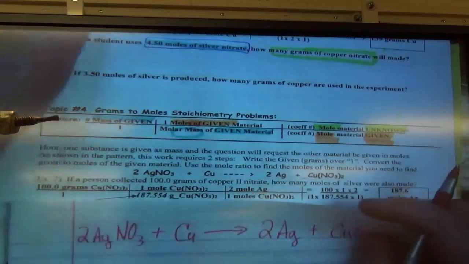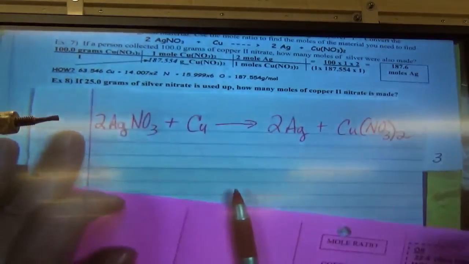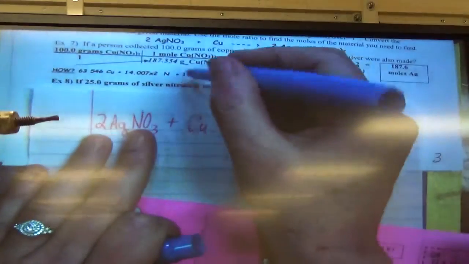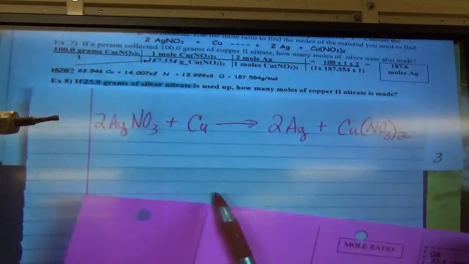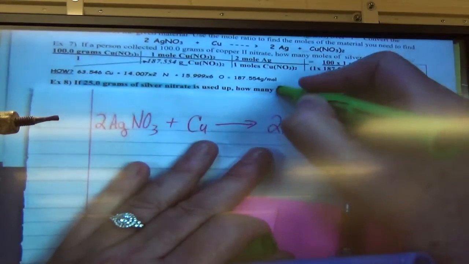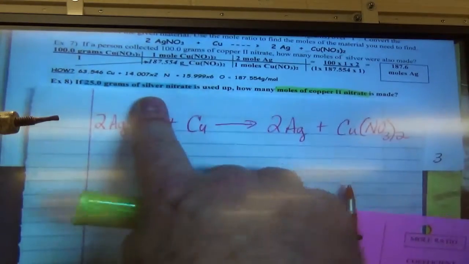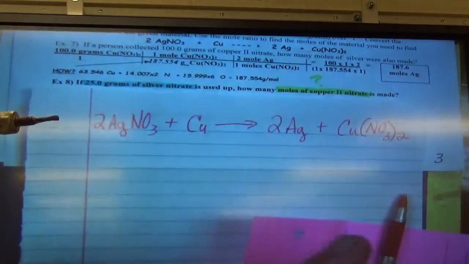All right, number 8 says, if 25 grams of silver nitrate is used up, how many moles of copper 2 nitrate are made? Okay, there's our given, there's our question. And I'll go ahead and put a question mark by the question.